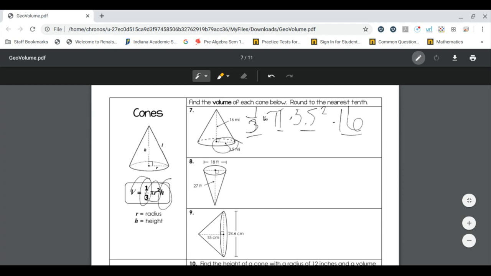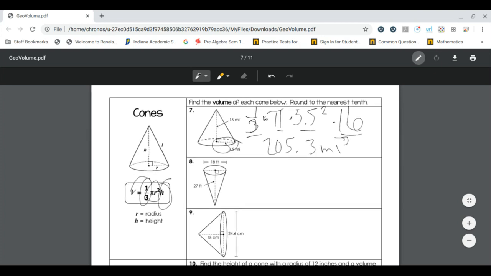So if you multiply all these out, now remember, square 3.5 first, and then multiply them. What I would do is take pi, and then times my 3.5 squared, times 16, and then divide by 3. And you would get 205.3, and these are actually miles cubed.